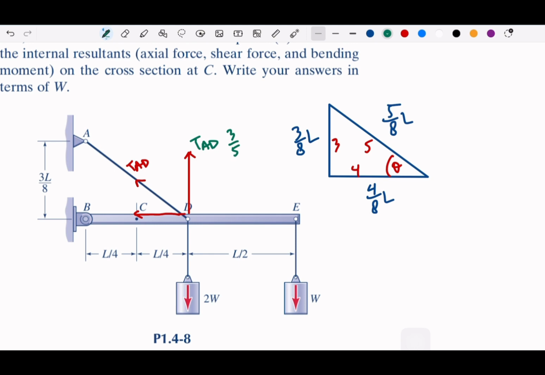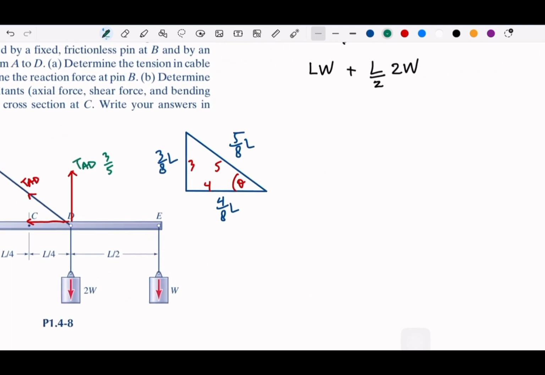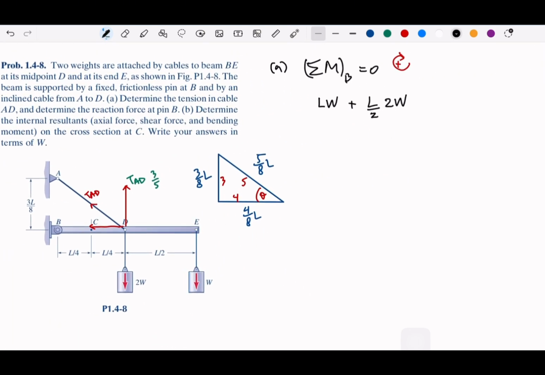And then the distance is L/2, right? So we can write here, and since this is going to be counterclockwise, this is negative 3/5 TAD multiplied with L/2 equals 0. And we can solve everything here, right?